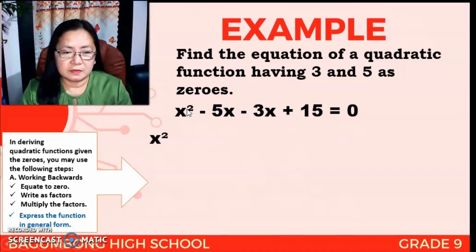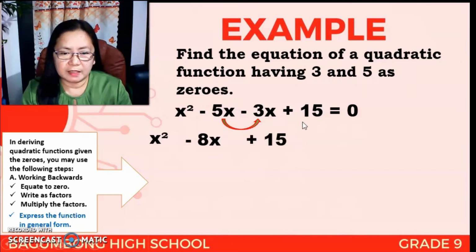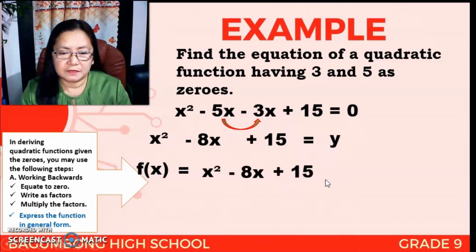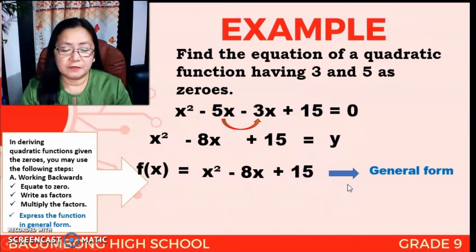So, we have x squared, -5x minus 3x is equal to -8x plus 15 is equal to, let y is equal to 0. And since y is the function of x, so f of x is equal to x squared minus 8x plus 15. This is the general form of the quadratic function.